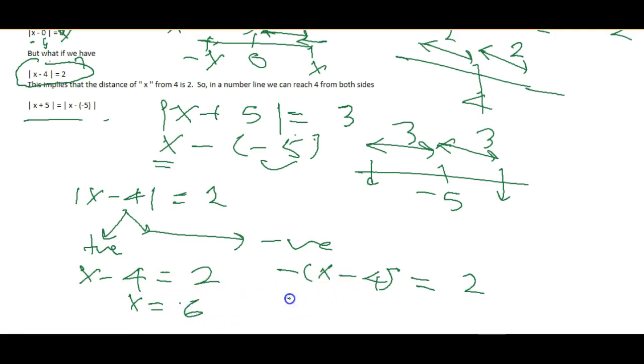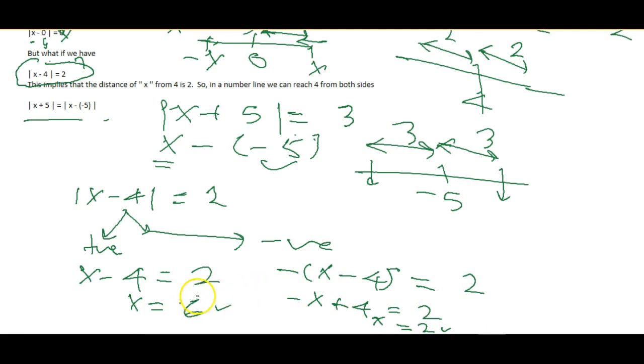In this, it will become minus of x minus 4 equal to 2, so x will become equal to 2. So we have two values, that is x equal to 6 and x equal to 2.